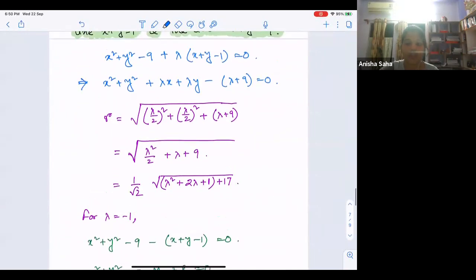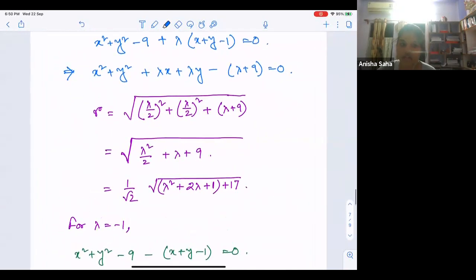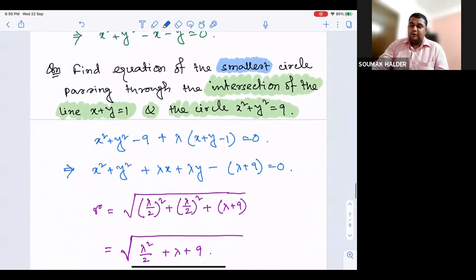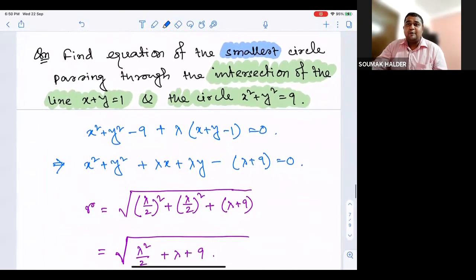Thank you. What we did for finding the smallest circle: if you consider a family of circles passing through two given points, we can draw infinite circles passing through them. Now, what will be the smallest circle passing through those two given points?